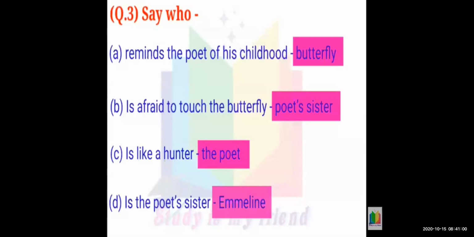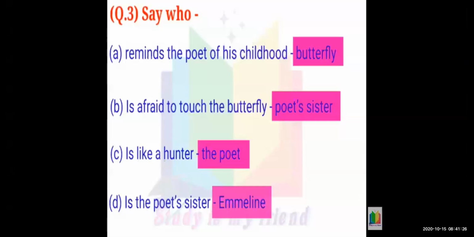Here, the poet's sister, Emmeline, is afraid to touch the butterfly. Is like a hunter. शिकारी म्हणून कवी स्वतःला असं संबोधत आहे, कारण कवीने फुलपाखराला पकडण्याचा प्रयत्न केलेला आहे, त्याला इजा पोहोचवण्याचा प्रयत्न केलेला आहे.